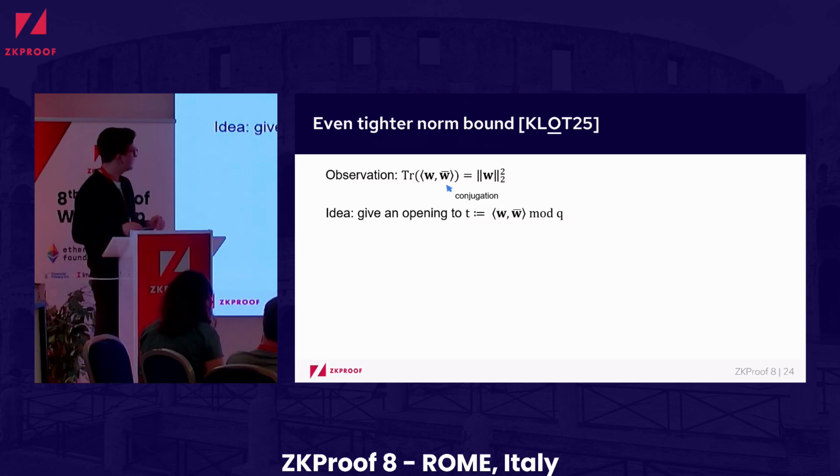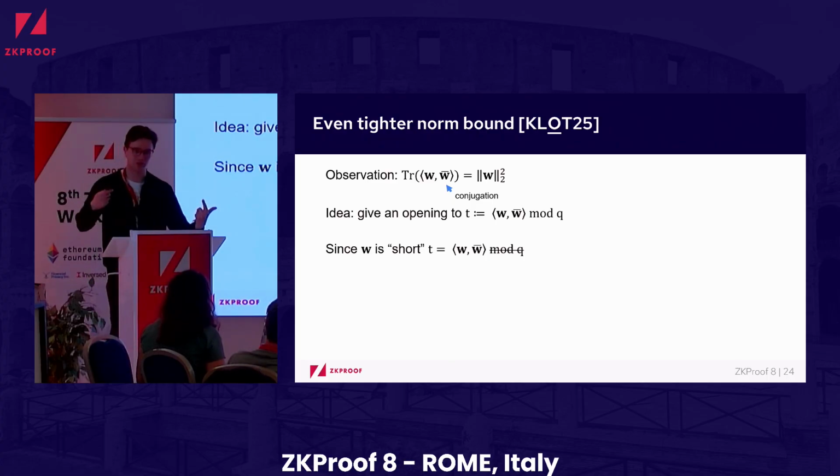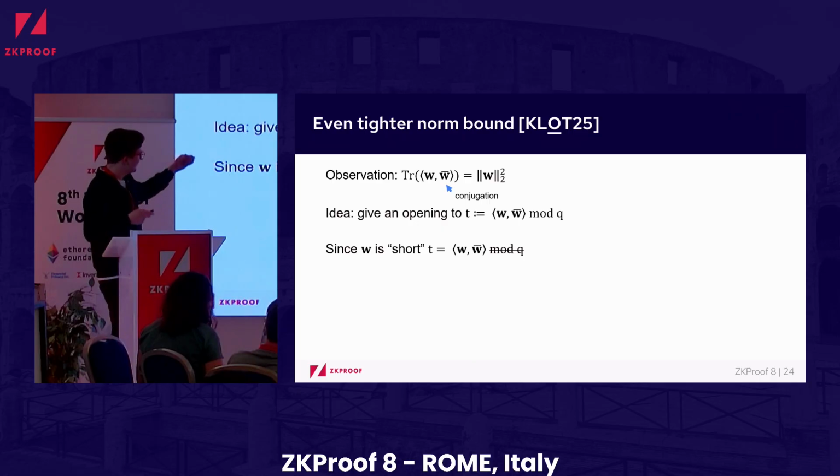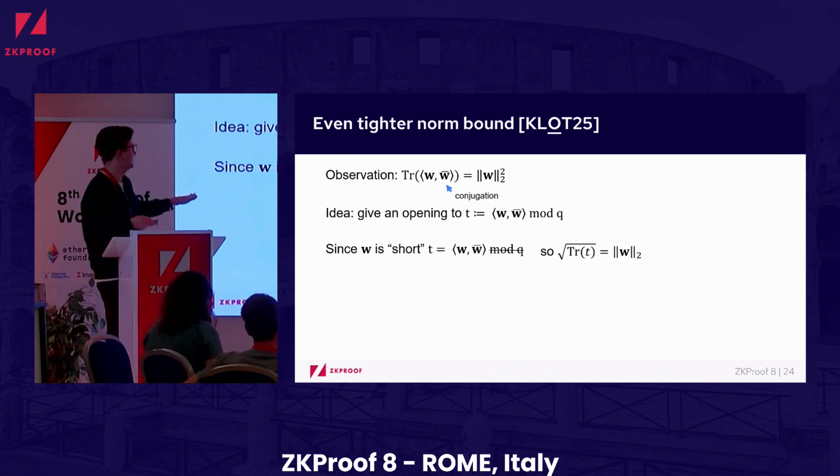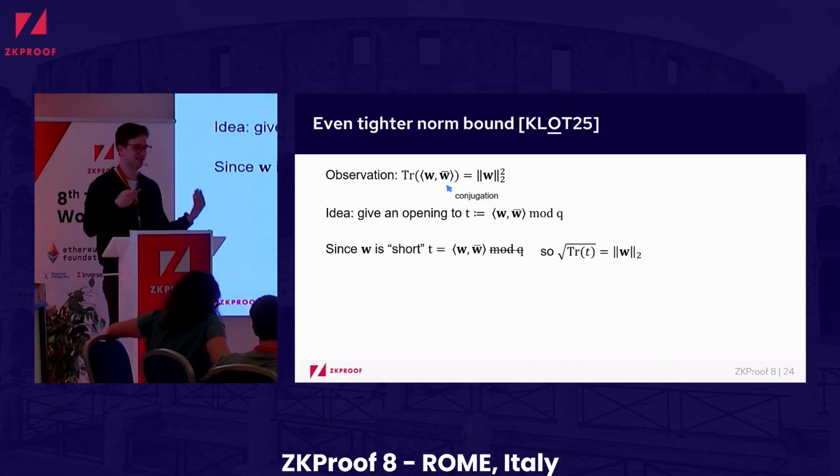So the idea is that we give an opening to this inner product on top of proving about Johnson-Lindenstrauss projections. Since we already know that the witness is relatively short, even though we have an argument that is arguing mod q, if this is so short we can just ignore this mod q, and we can simply argue about this exact L2 norm.